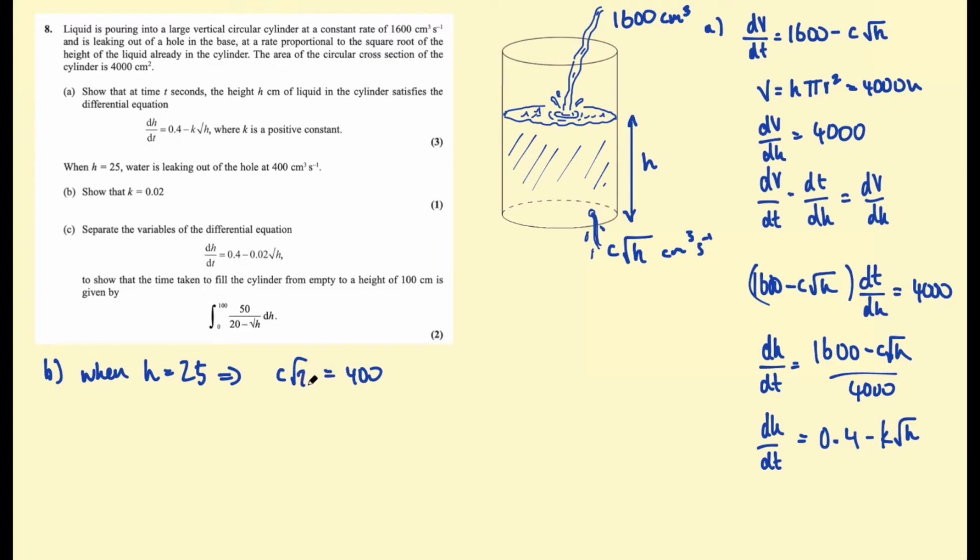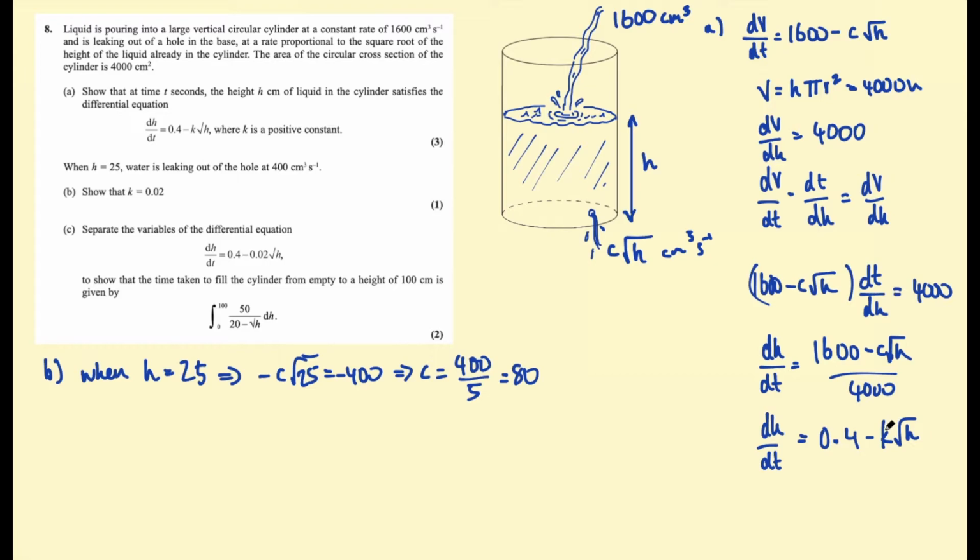So we have c times the square root of 25 equals 400. Now you can let this rate be negative, negative 400, negative c root 25, but you see the negatives will just cancel out. So whether you write the negatives there or not doesn't really matter. Then the square root of 25 is 5, so we're going to have c equal to 400 divided by 5, which is 80. So the constant in this expression is 80, so that c there is 80.